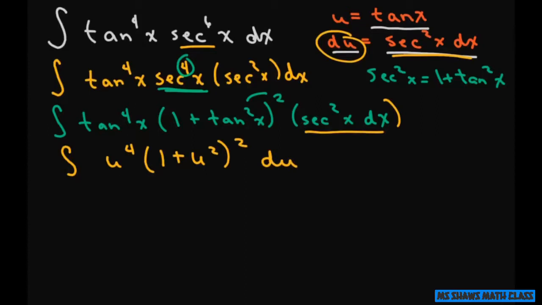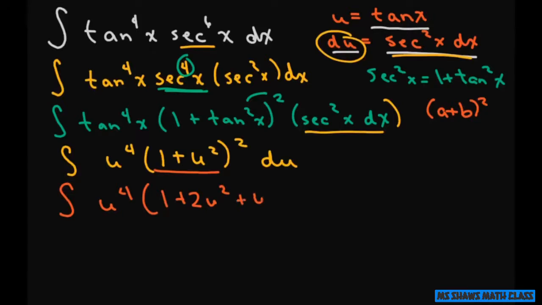So let's expand this further. You have u to the 4th, and this part is (a plus b) squared. So just write this as 1 plus 2u squared plus u to the 4th, du, and then we want to distribute the u to the 4th.